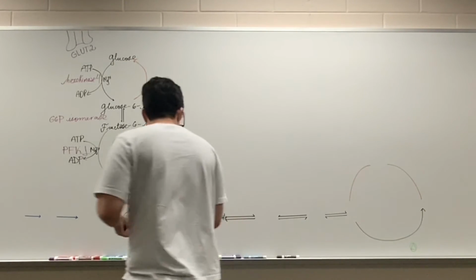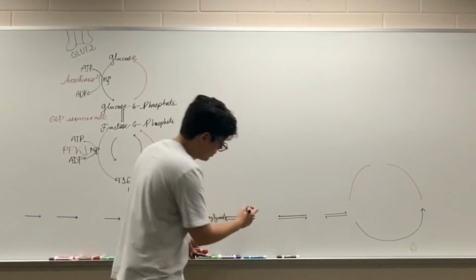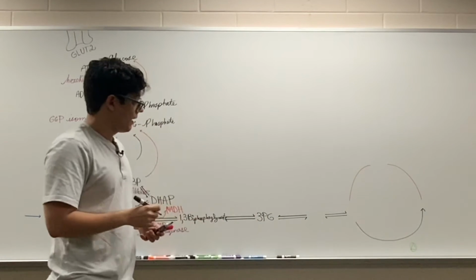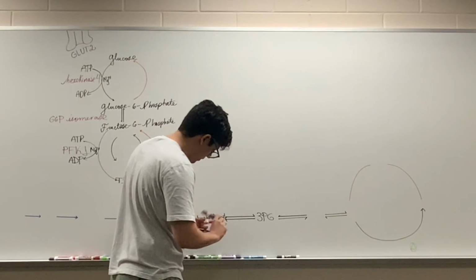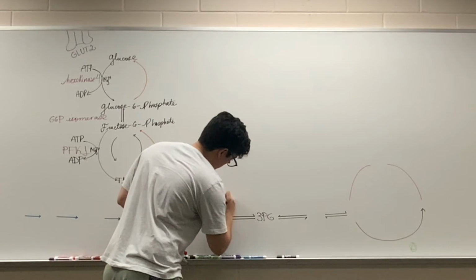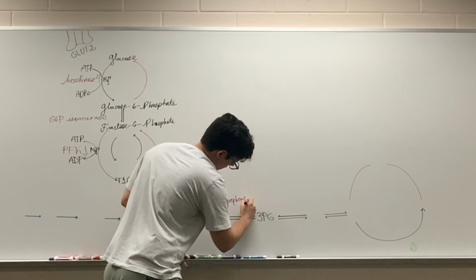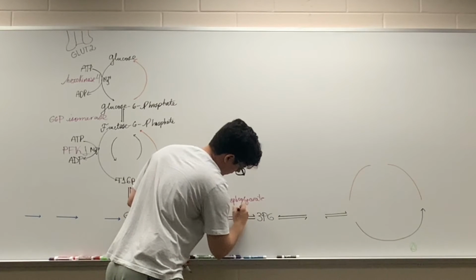So here we will go through 1,3-biphosphoglycerate to 3-phosphoglycerate. And here the enzyme that does this is phosphoglycerate kinase.